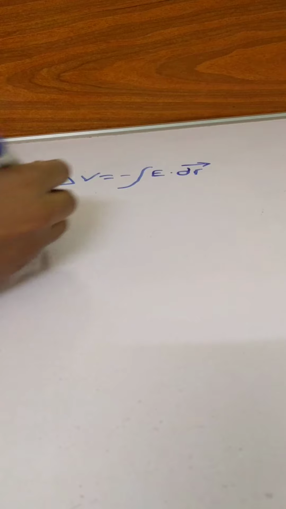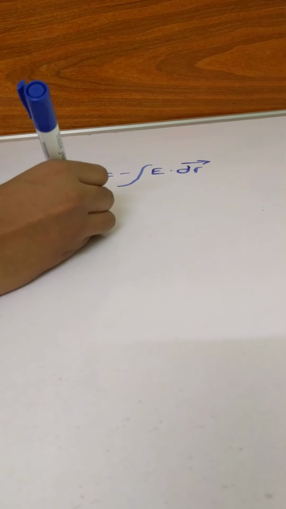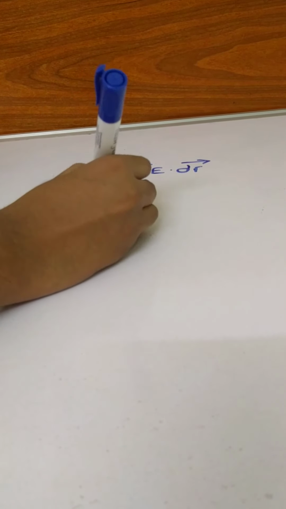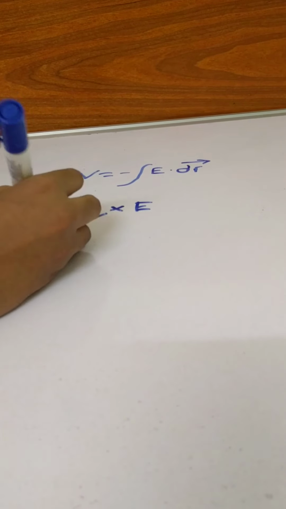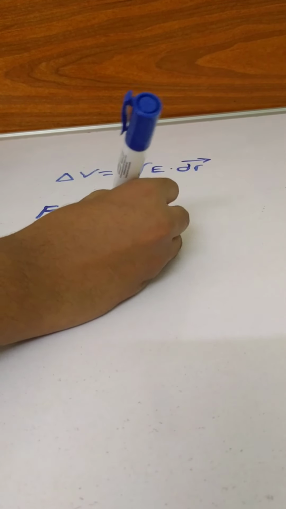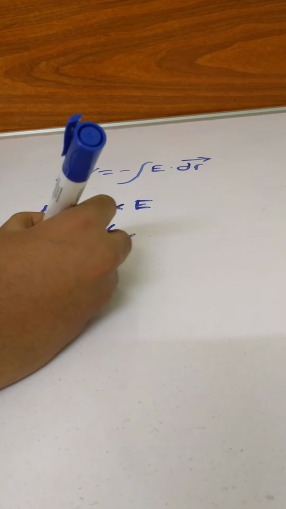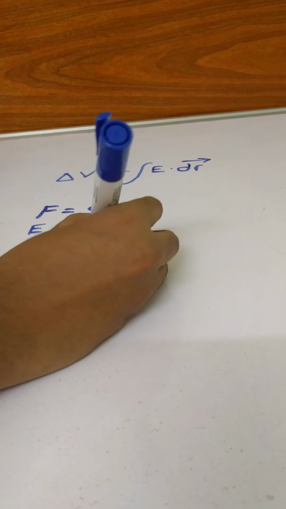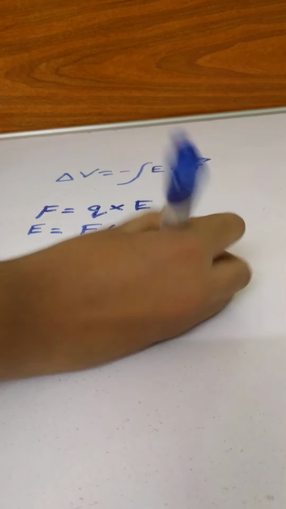I forgot to tell you that force can be written as charge into electric field, and field is equal to force by charge. So the formula will be K Q by R square.